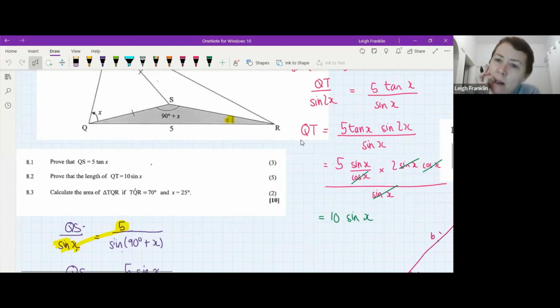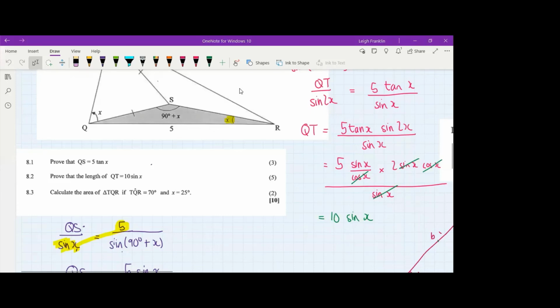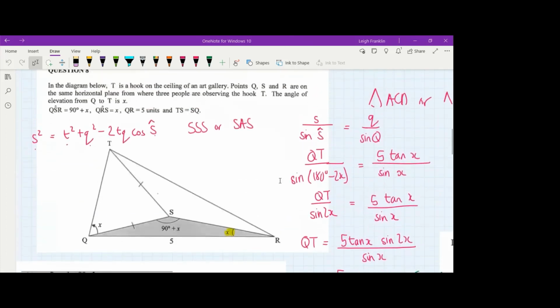Would it be correct if we had to use the cos rule? For which one? For 8.2. Sorry, yes, you've been breaking up. I've turned my video off again. So in question 8.2, we used the cosine rule?